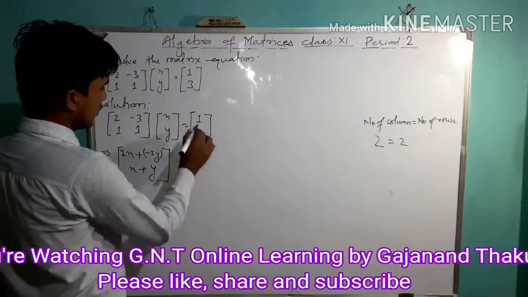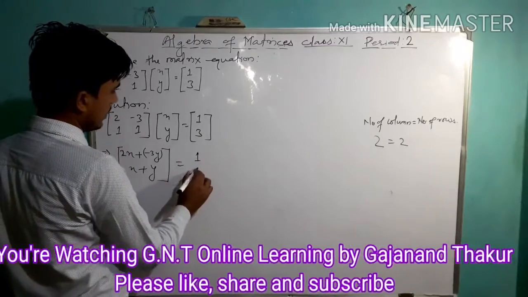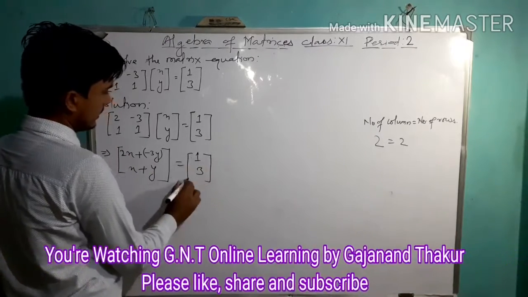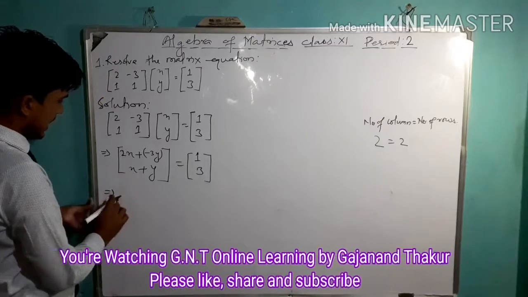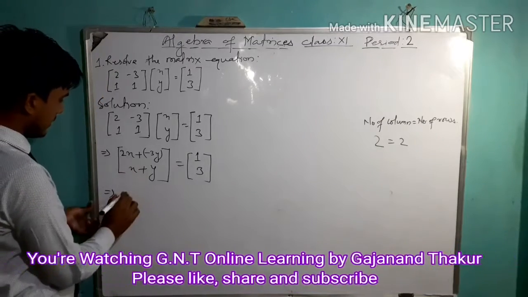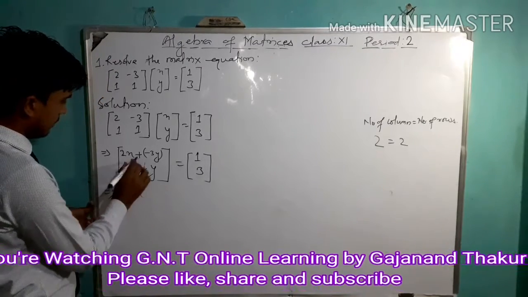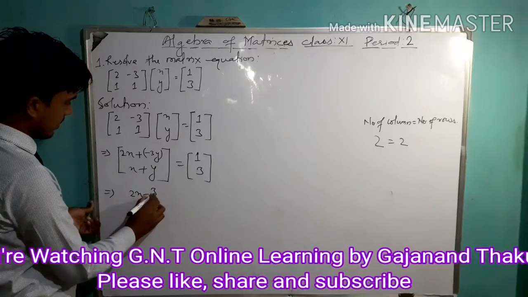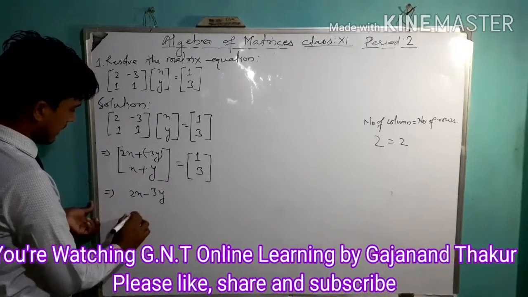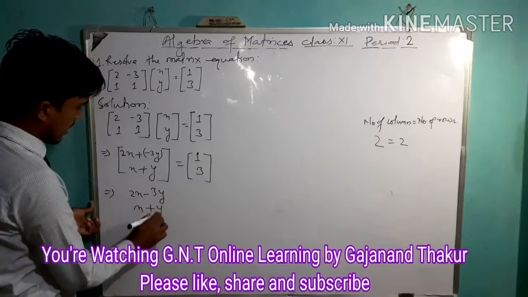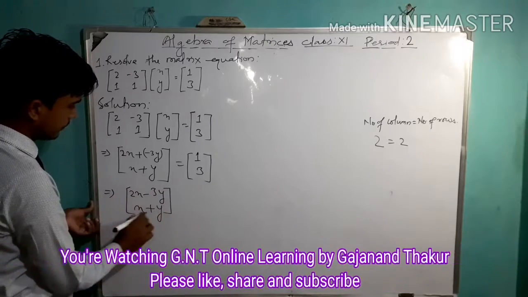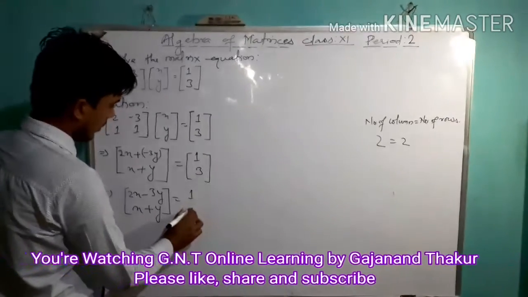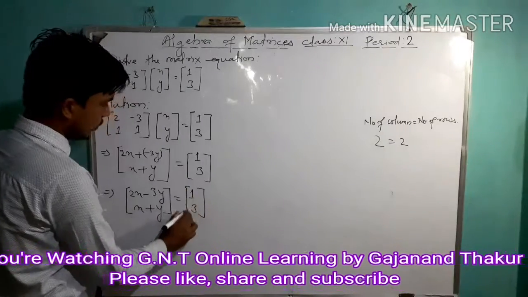Then equals how much do we have? We have the determinant 1 and 3. Next step: 2x, plus into minus will be minus 3y. Then the other entry is x plus y. So this is what we got here.